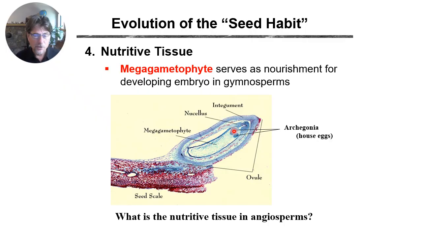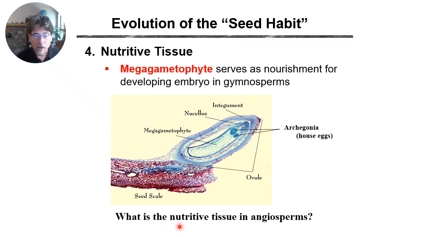So once fertilization happens in the archegonia, once the eggs become fertilized, that embryo begins to develop, and it's receiving its nutrients from the remains of the megagametophyte. All right, so just remember that the megagametophyte serves as the nutritive tissue in the gymnosperms.